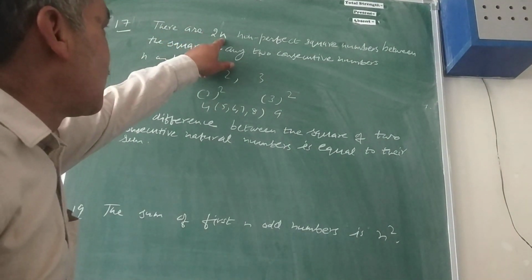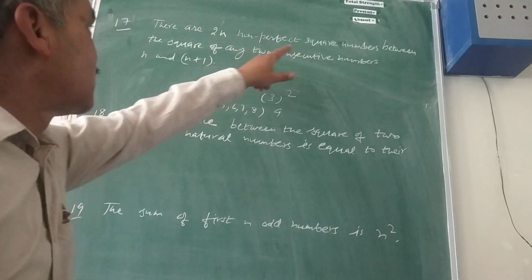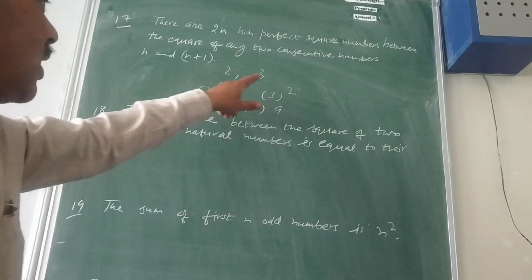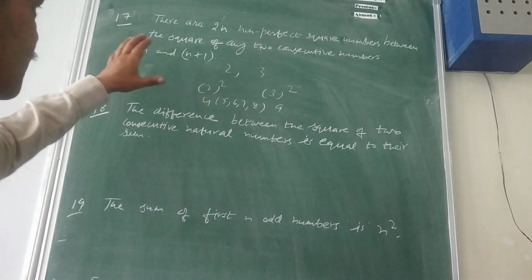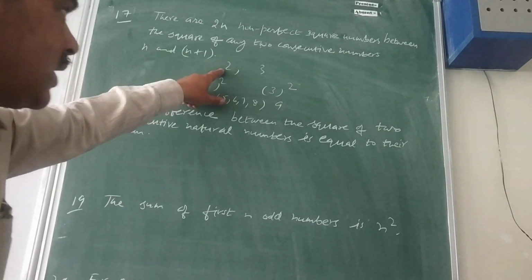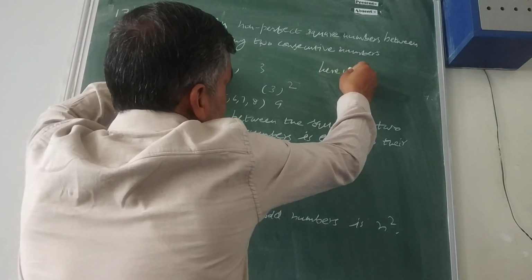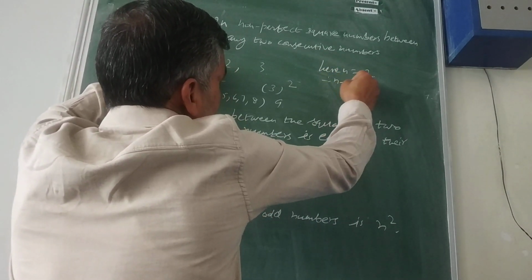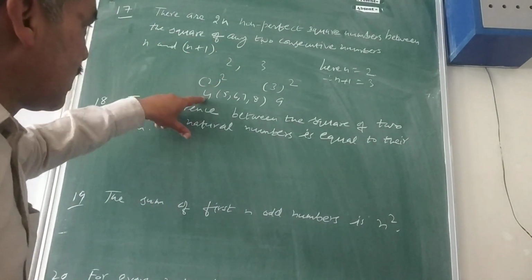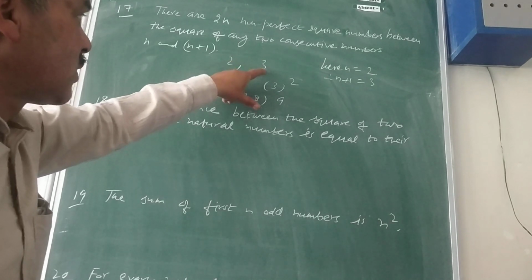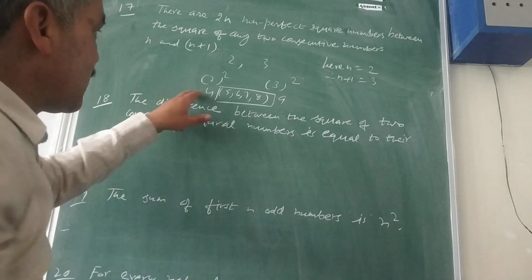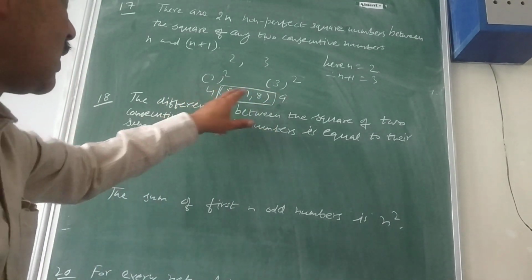There are 2n non-perfect square numbers between the squares of any 2 consecutive numbers n and n plus 1. Here n is equal to 2, so n plus 1 will be equal to 3. Then the square of 2 is equal to 4, and the square of 3 is equal to 9. 4 and 9 are perfect squares.